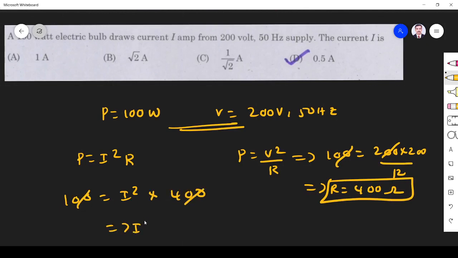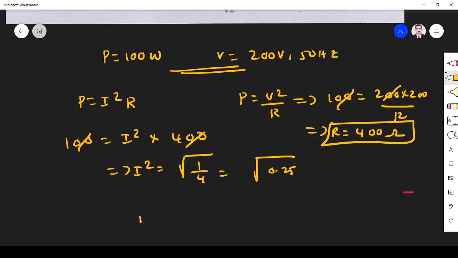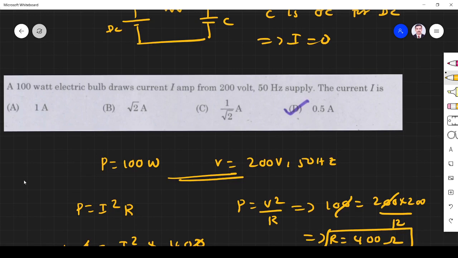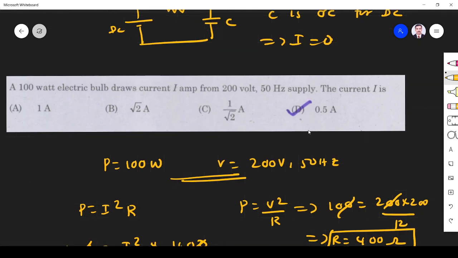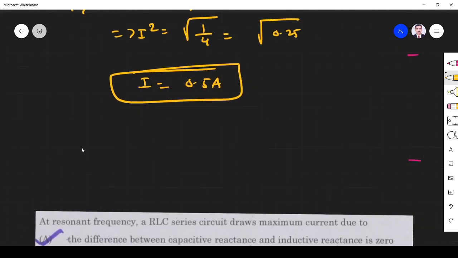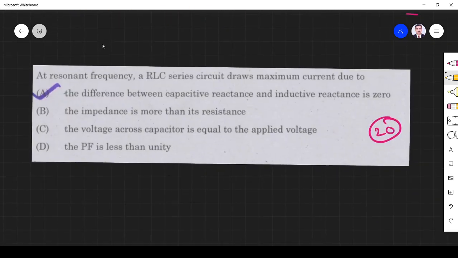This implies I squared is equal to 1 by 4, that is 0.25. This implies I is equal to 0.5 ampere. So I is equal to 0.5 amps.